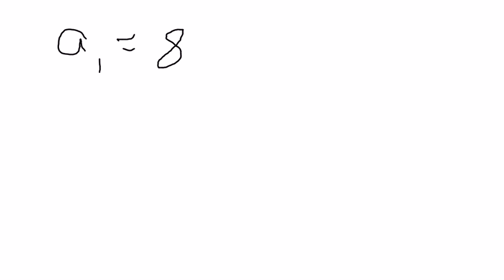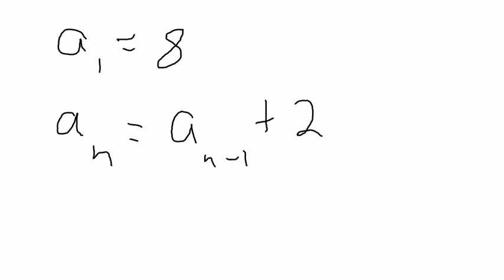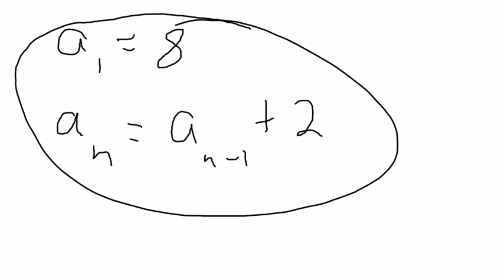So first number in the sequence is 8. So our actual recursive formula is a n equals a n minus 1 plus 2, but this is also part of the answer. Our initial number is 8, and then, of course, the next term is 18.